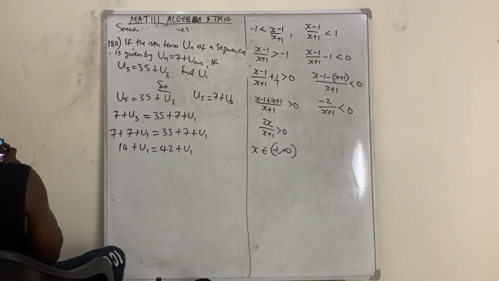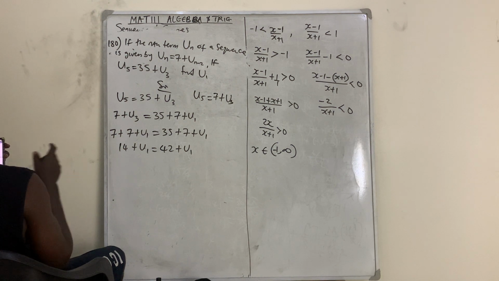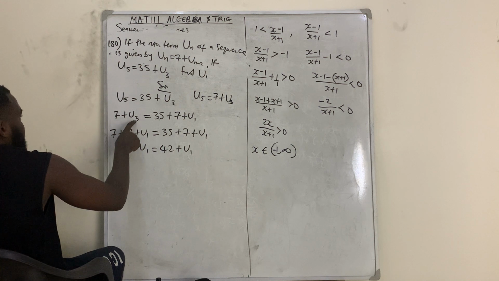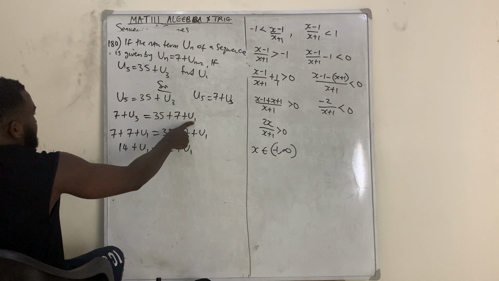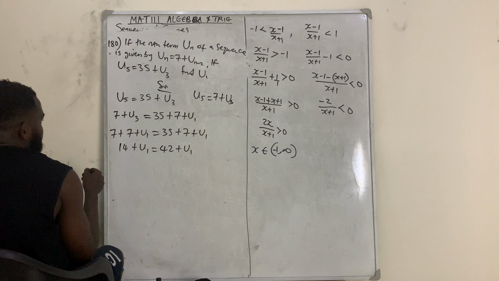Let me check if I got the question correct. Okay, they say that un is equal to 7 plus un minus 2, and that u5 is equal to 35 plus u3. So u5 is equal to 7 plus u3 is equal to 35 plus 7 plus u1.